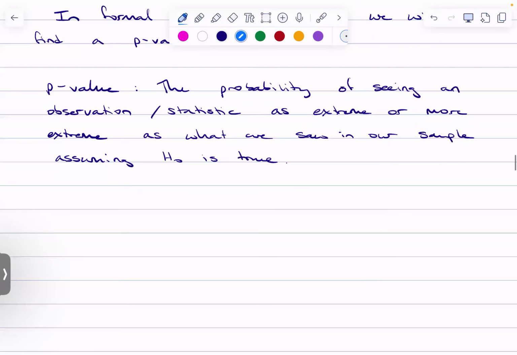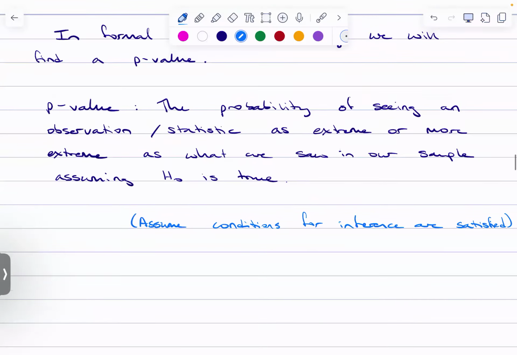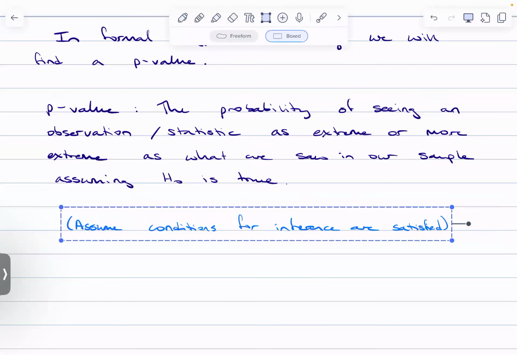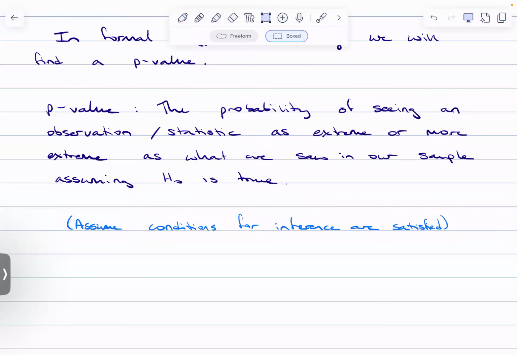Let's briefly for a moment assume conditions for inference are satisfied. They're going to be very similar to what we had for a confidence interval, but just with a minor twist.